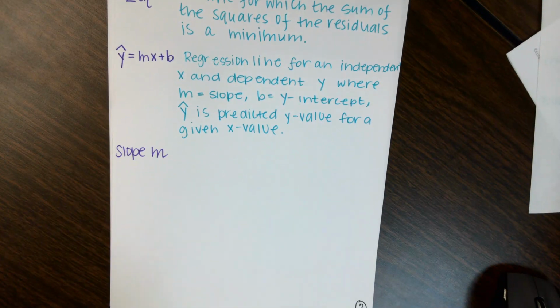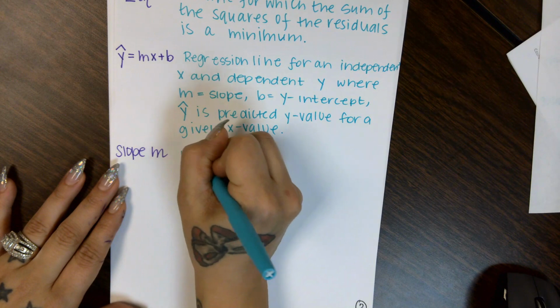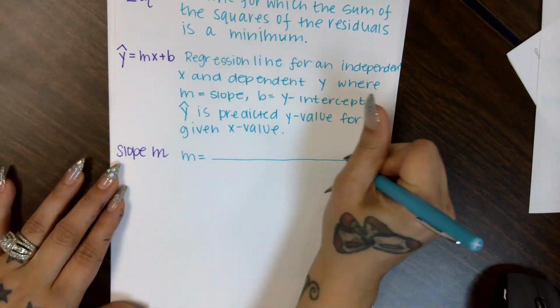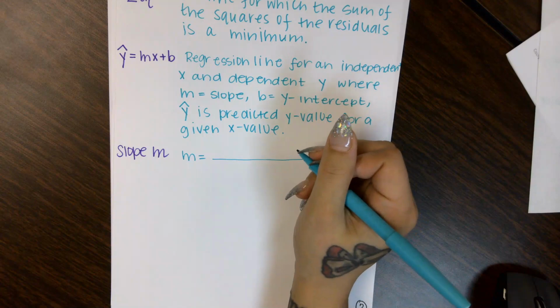Okay, so how do we figure out our slope in this class for y hat with the line of regression? Okay, so we have our m is equal to, do your big fraction bar. It's one of those which can easily be broken down into little chunks, but it does look a lot crazier than it should.